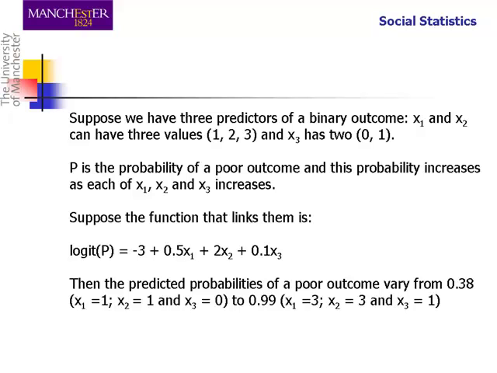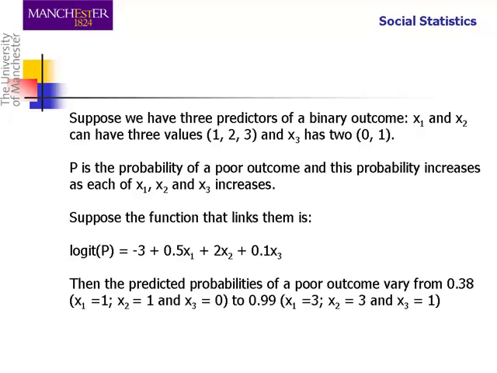And then at the other end, if you're at the highest value for each of these predictor variables, the predicted probability of a poor outcome is 0.99. So in other words, if you have the top values, the least satisfactory situations, then you're predicted to have a poor outcome.